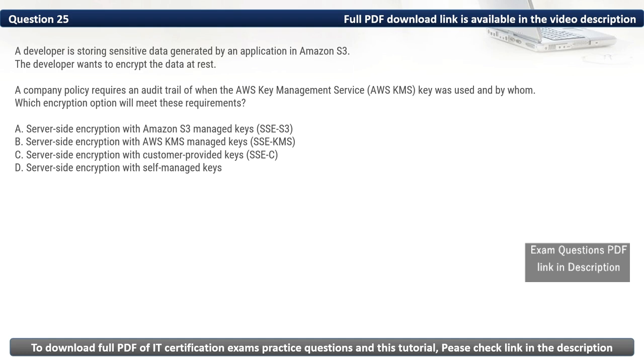Here in this question, the developer wants to encrypt the data at rest, and the company policy requires an audit trail of when the AWS KMS key was used and by whom. Considering this, the developer should use server side encryption with AWS KMS managed keys. Thus, the correct option is B.